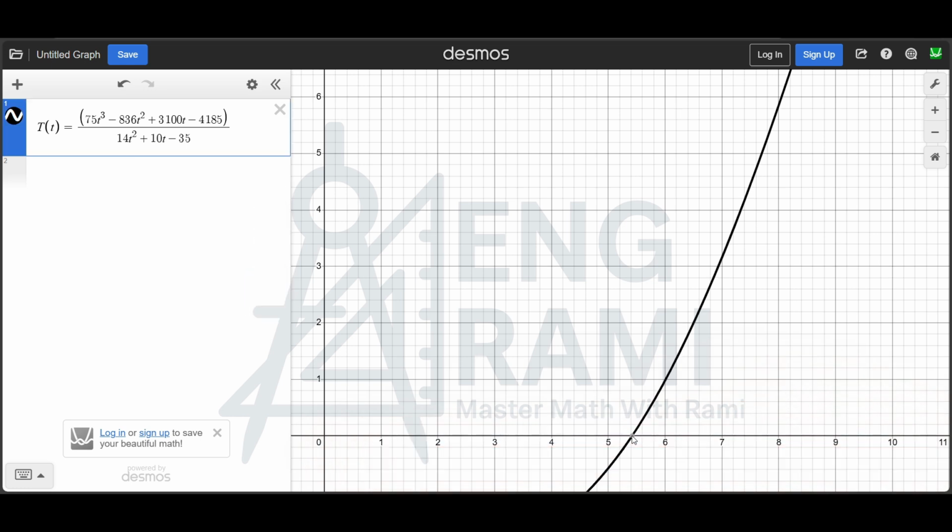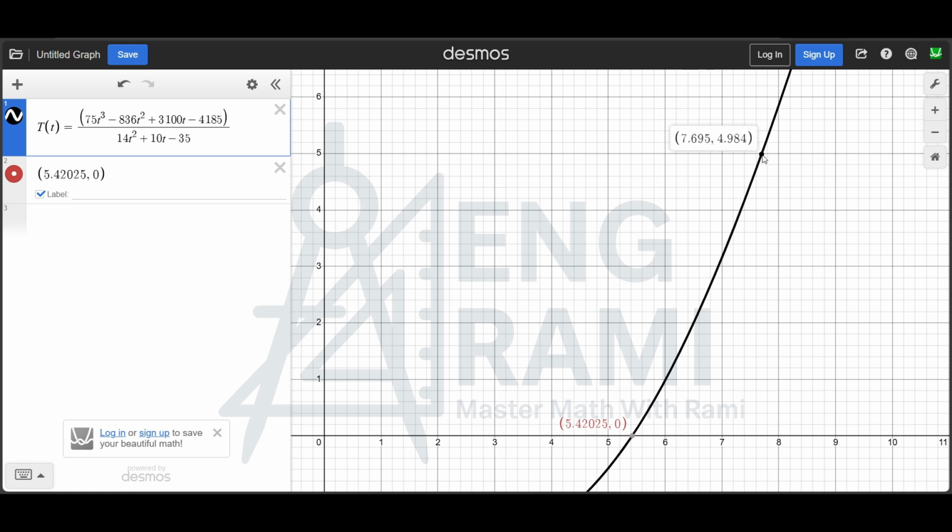This point here, the intersection, let's just save it. What does this point represent? This represents the temperature equals 0 and the time, which equals 5.42025 hours.